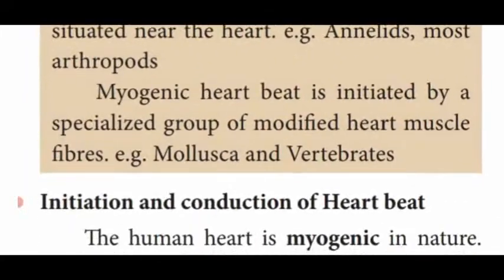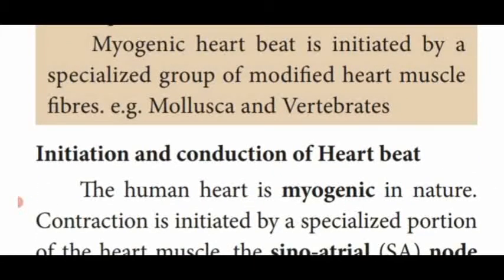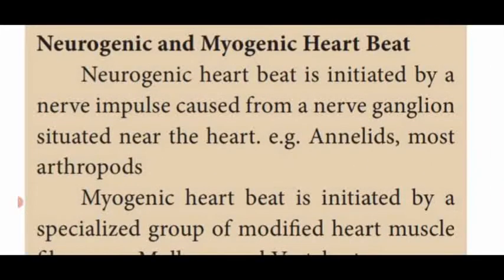We are coming to the higher animals. Myogenic heartbeat is initiated by a specialized group of modified heart muscles or cardiac muscles. Example, mollusca and vertebrate animals. These are the two types of heartbeats shown in vertebrate and invertebrate animals.